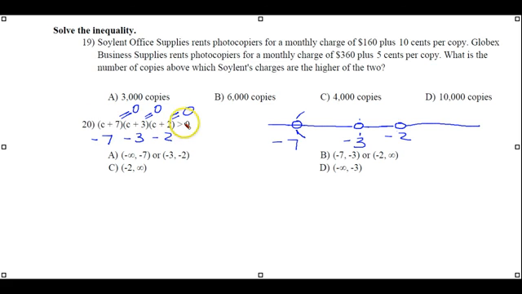So we solve these when they're in their factored form by equaling each of the factors to 0. So these are the answers that we get. But since it's greater than, in a sense, these are not included in the set.